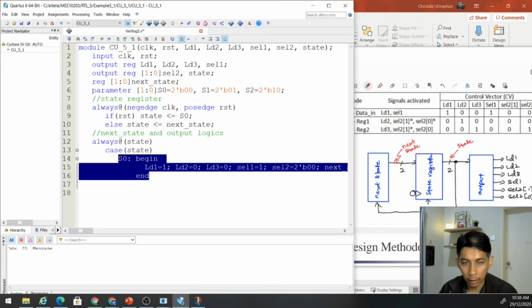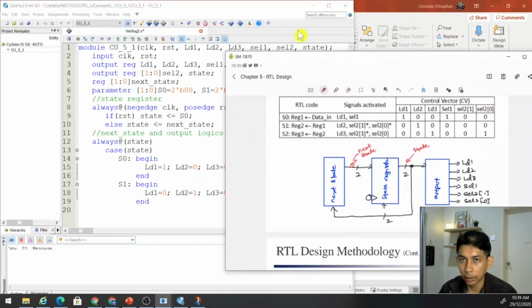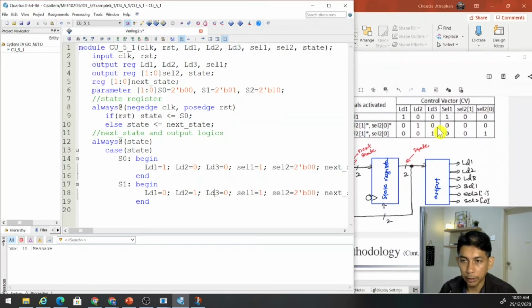And we can have this S1. Replace this with this 0. This should be 0. LD2 must be 1. LD3 must be 0, 0, 0.